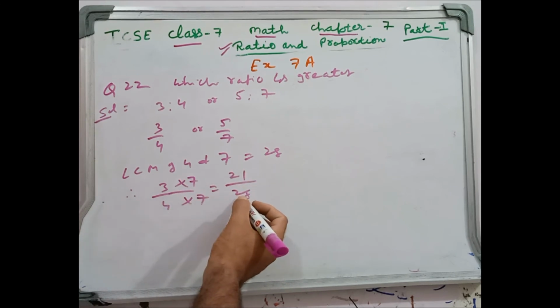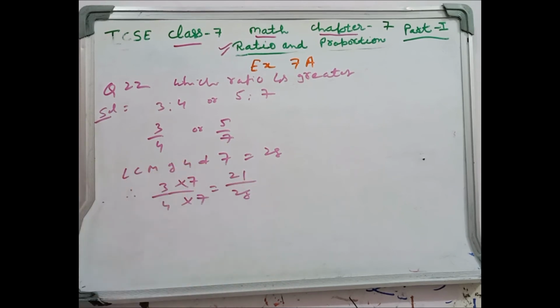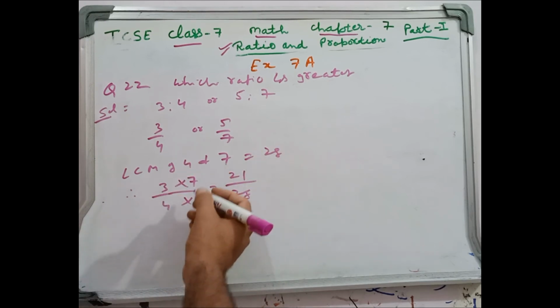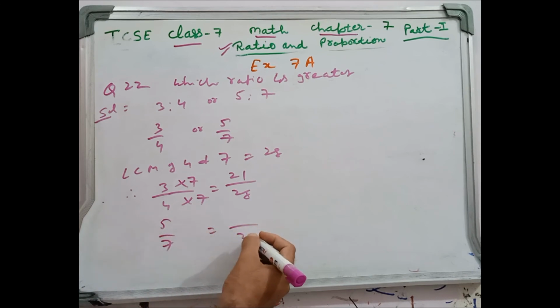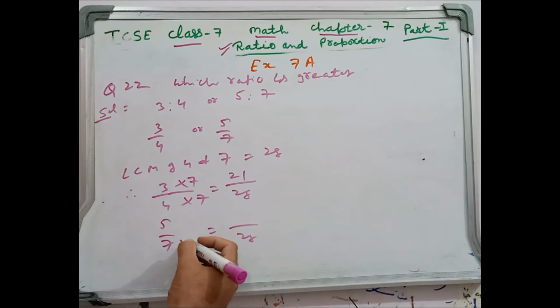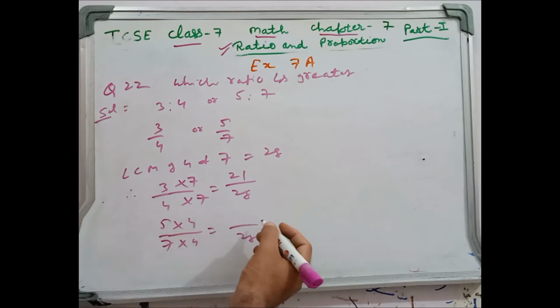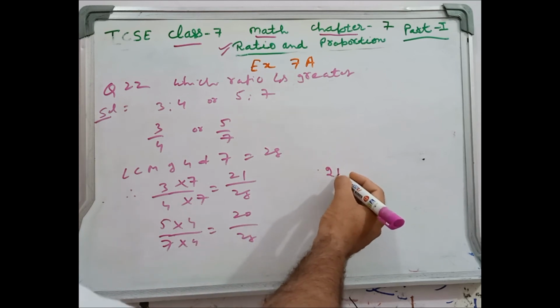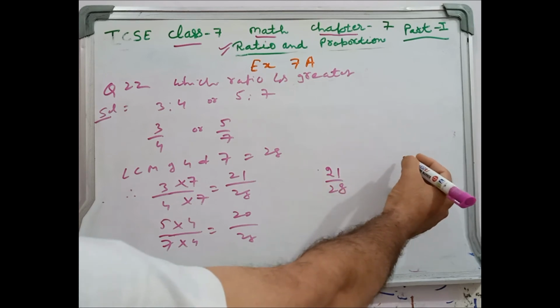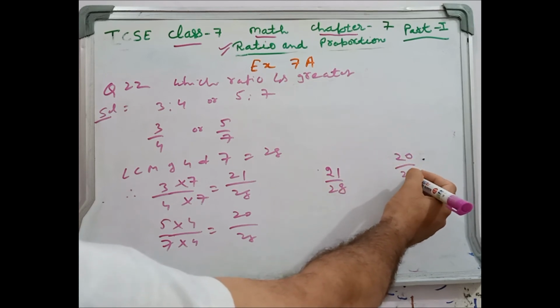We have made this 28 by multiplying by 7, so we have to multiply the numerator also. Here we have to multiply by 4, so the numerator will also be 5 4 ja 20. So this has come out to be 21/28, and this is 20/28.